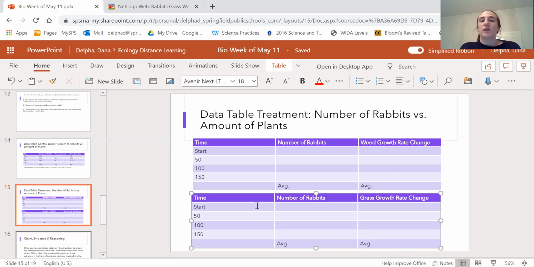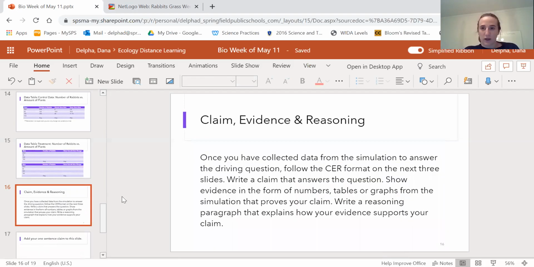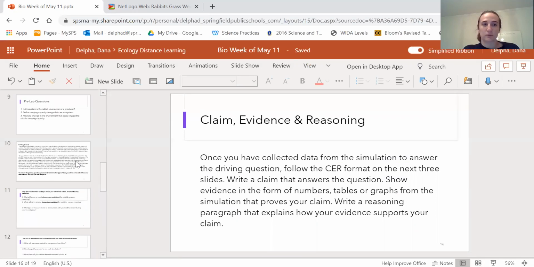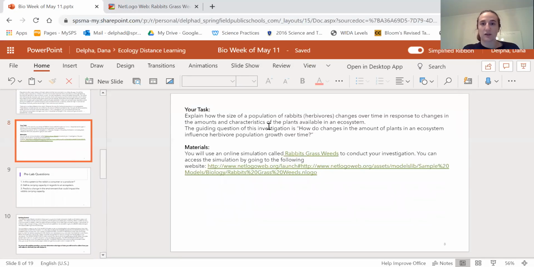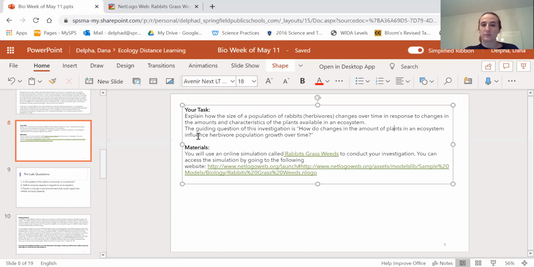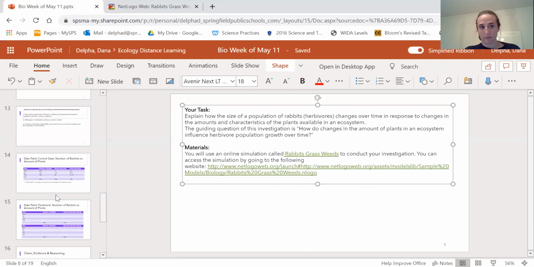So remember, your claim should be one sentence, not using the word because, answering the driving question. How do changes in the amount of plants in an ecosystem influence herbivore population growth over time? So how does changing the amount of weeds or grass change the amount of rabbits in a population over time?